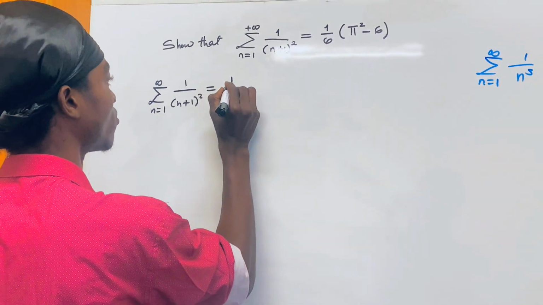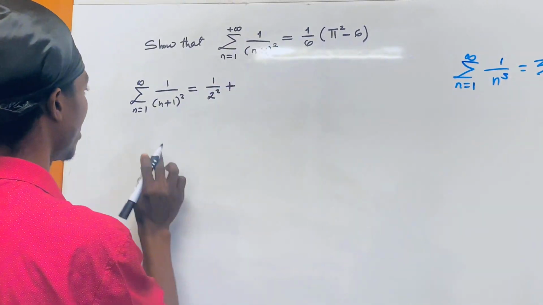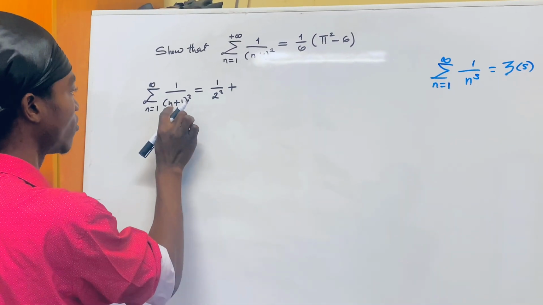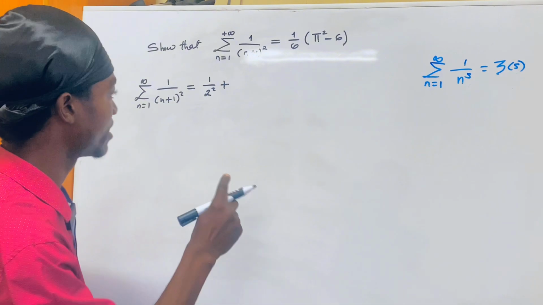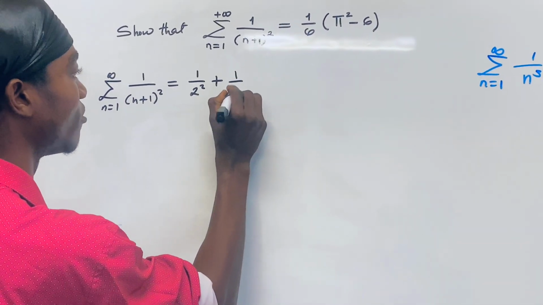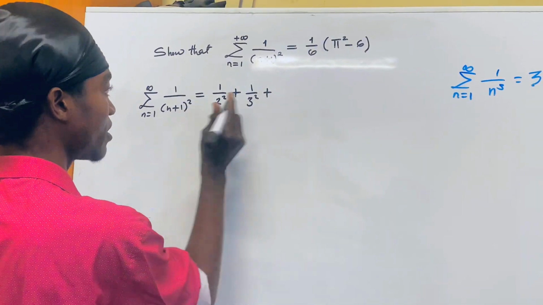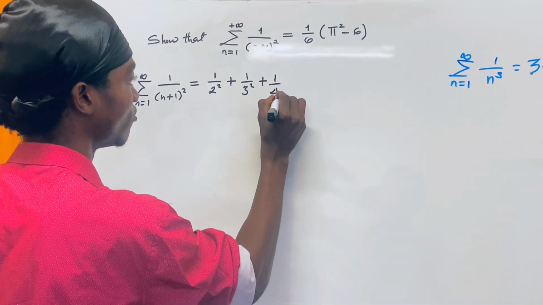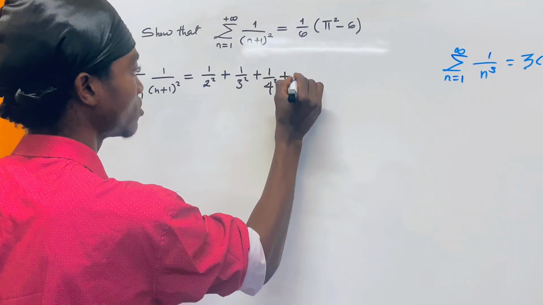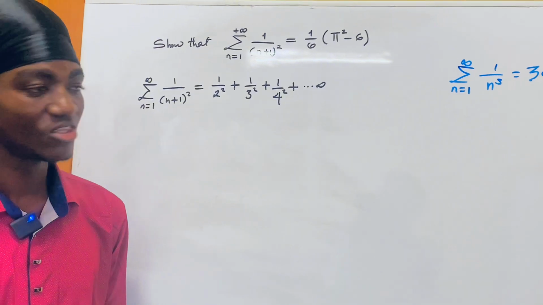So we have 1 over 2 squared, plus, when we plug in 2, we have 2 plus 1 is 3, and we have a 3 squared. So we have 1 over 3 squared, plus, we plug in 3, we have 1 over 4 squared, plus dot dot dot. This will go on forever.